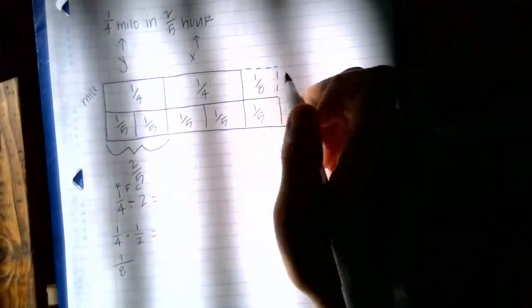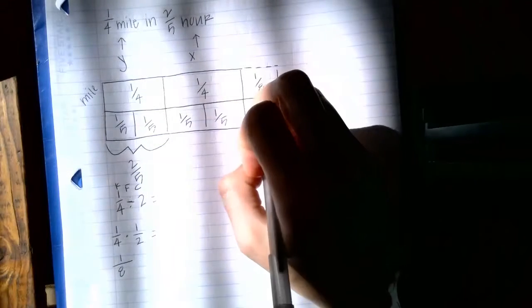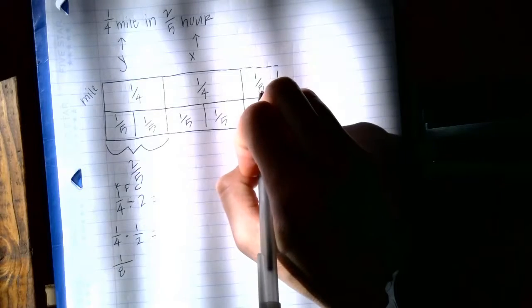So I am going to look at 1/8 and 1/4 and say, what can I multiply both of them to? I can multiply both of them to 8. So they're both multiples of 8. And I know that 1/4 is equivalent to 2/8. So now that I have them in the equivalent denominators, I'm going to add them all up.